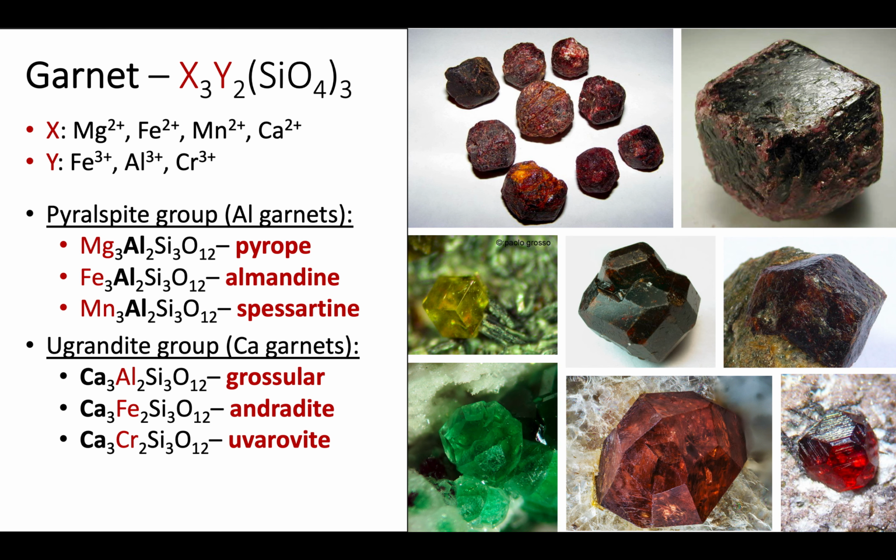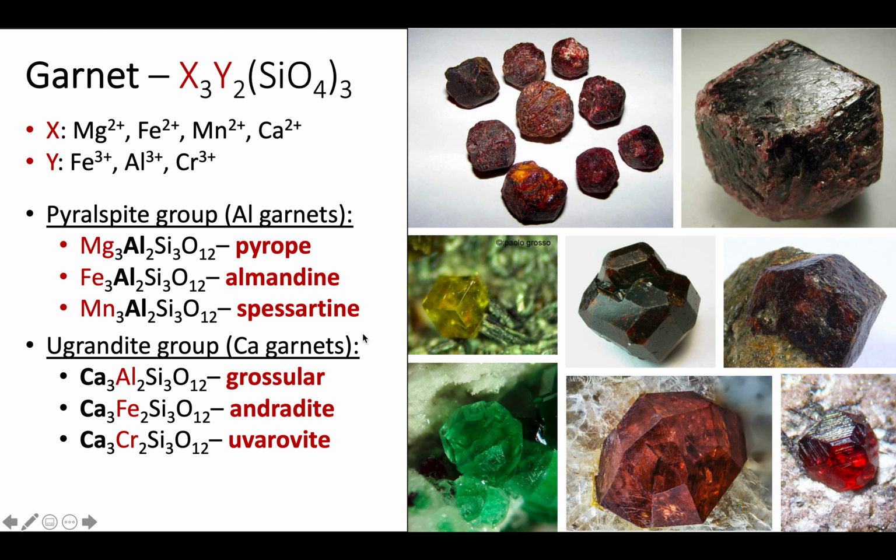These names are just the names of the individual minerals in the group smushed together. So the pi from pyrope, the al from almandine, and the sp from spessartine. Then we've got the ugrandite group, with the u from uvarovite, the gr from grossular, and the and from andradite.